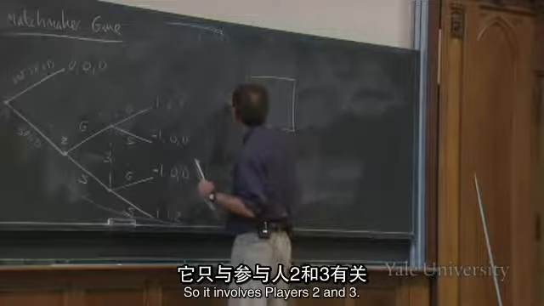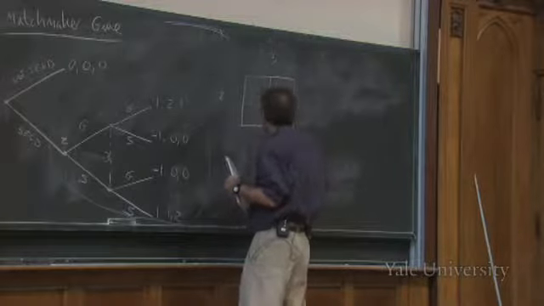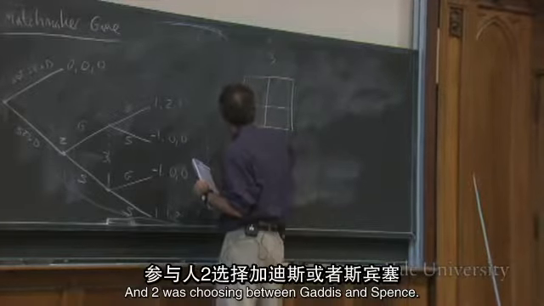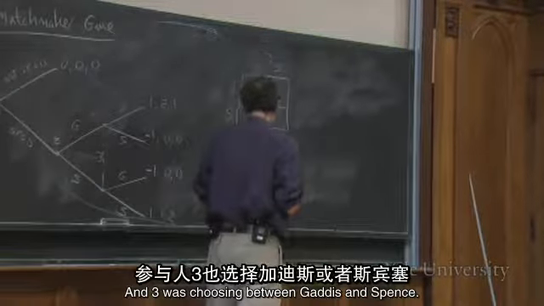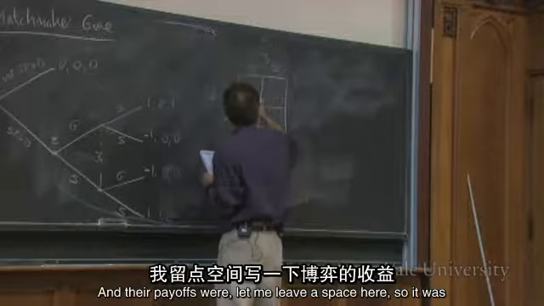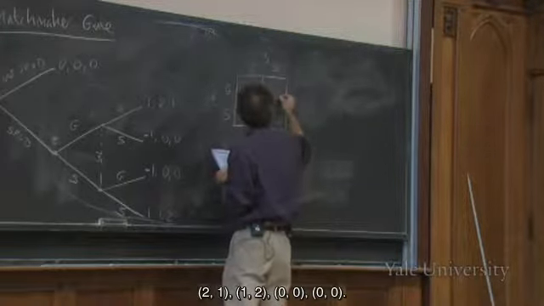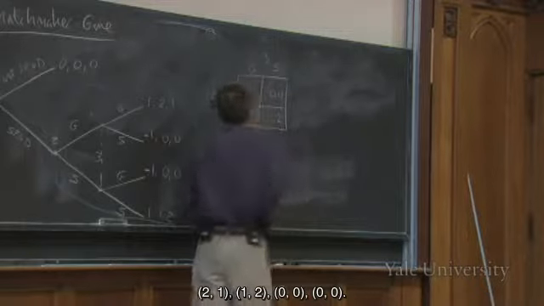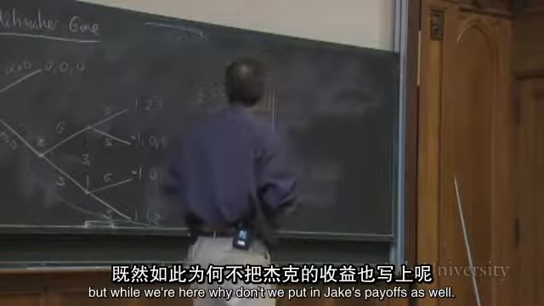All right. So it involves players 2 and 3. Player 2 is choosing between Gaddis and Spence, and player 3 is choosing between Gaddis and Spence, and their payoffs were 2, 1, 1, 2, 0, 0, 0, 0. So here are the payoffs of the relevant players in the game, but while we're here, why don't we put in Jake's payoffs as well?